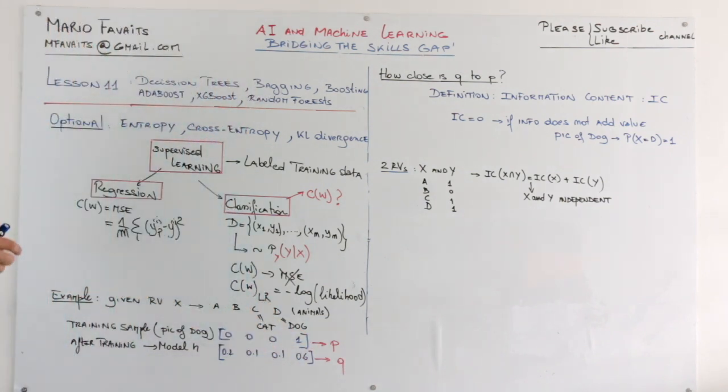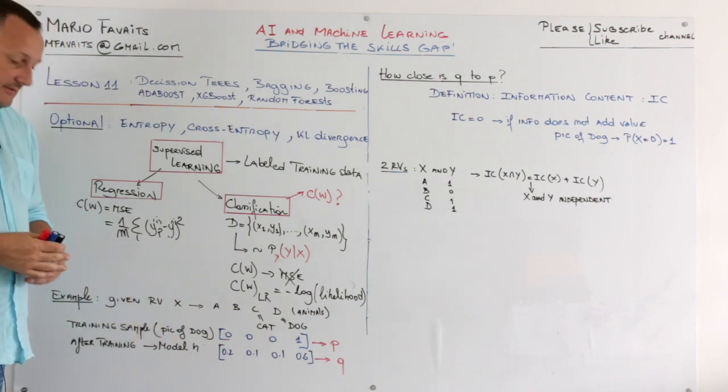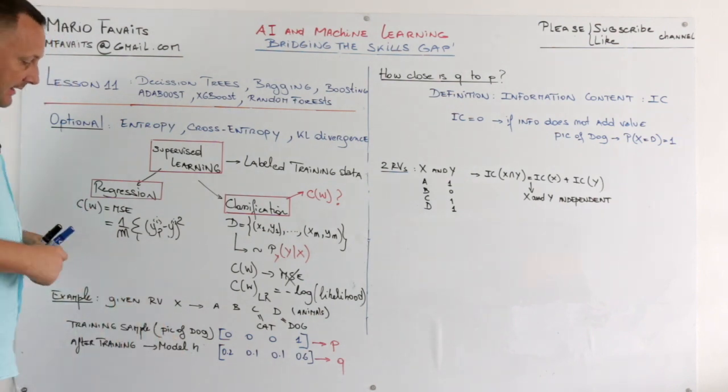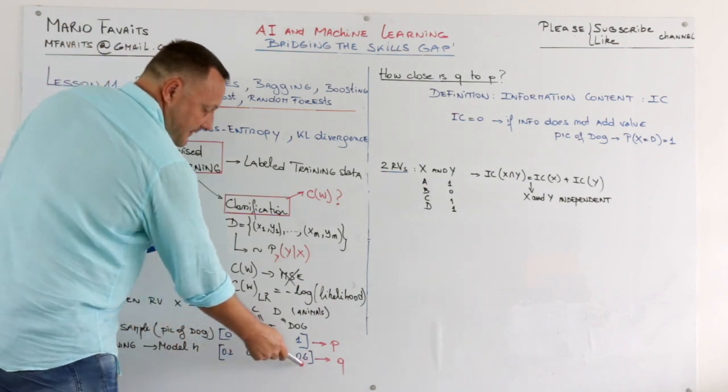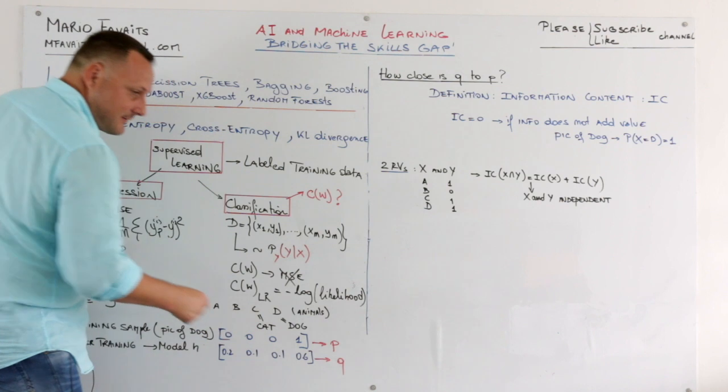Then we train the system, and we come up with a model. So after training you have a model, the model or hypothesis H. And you see the distribution is a bit different. We have 0.2 here, 0.1, 0.1, 0.6.